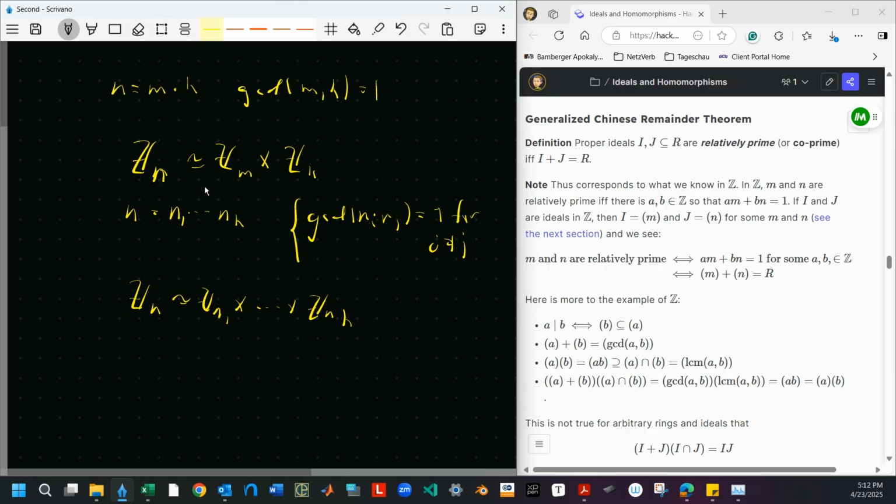The proof is really kind of inductive, and it's useful to look at in this case because it's how the general one goes.